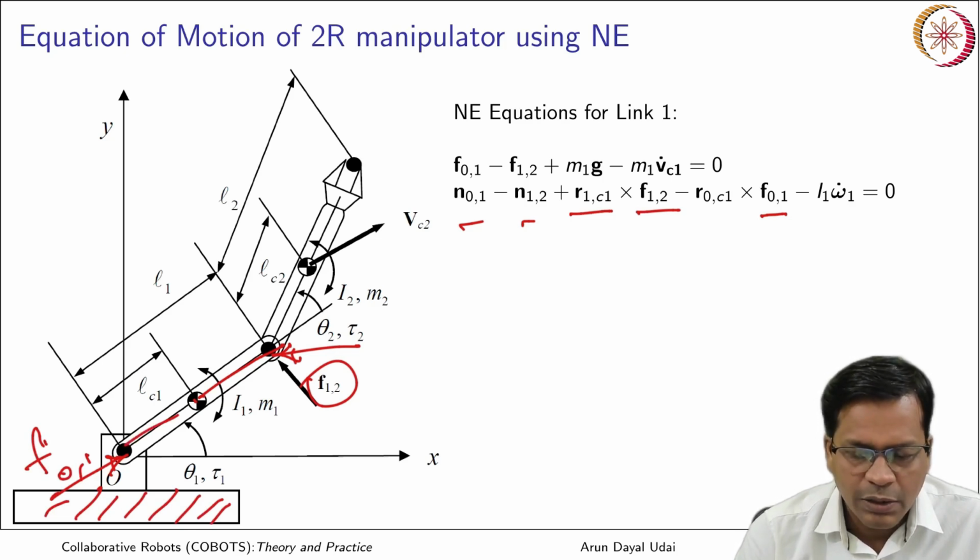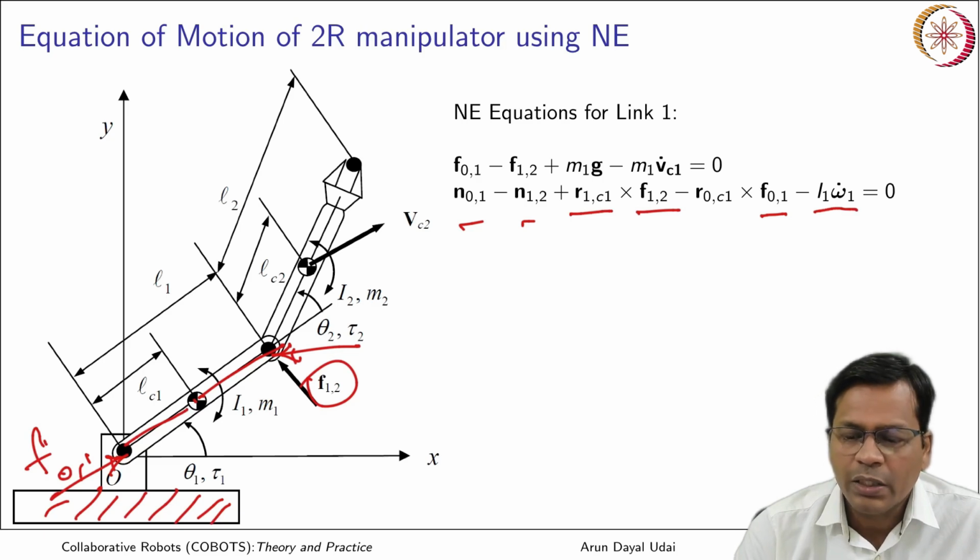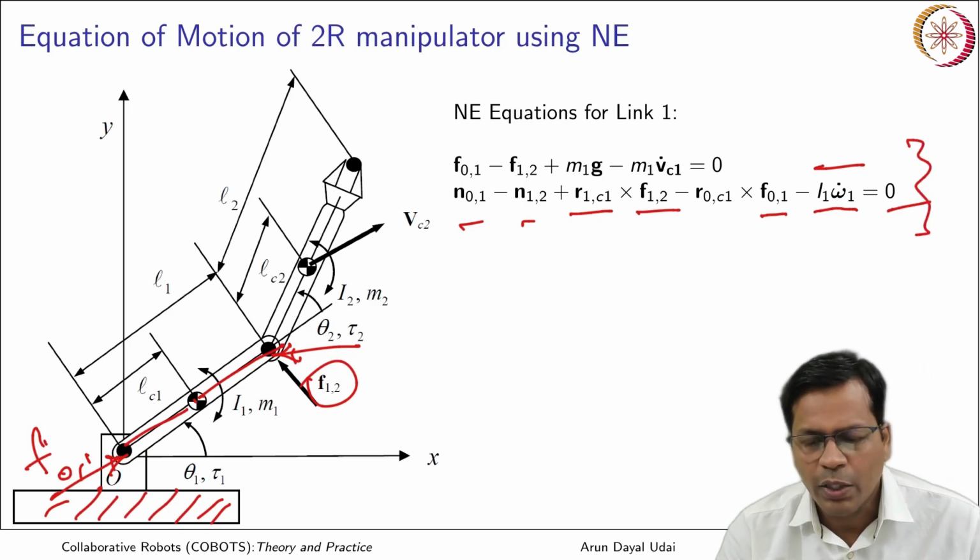That is this distance here, the vector here, and all these should now equate to moment of inertia into angular acceleration, and when it is brought to the same side, it is equating to 0. So, this is Newton-Euler equation for the link 1.